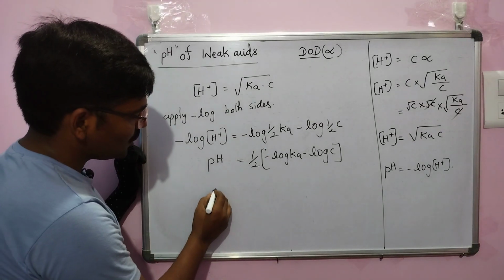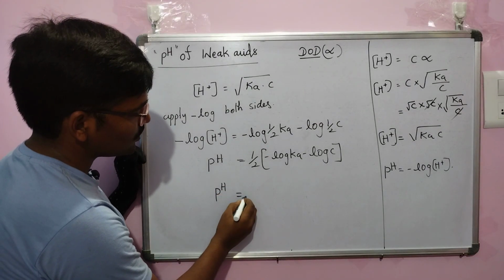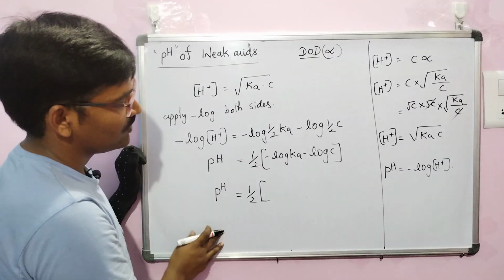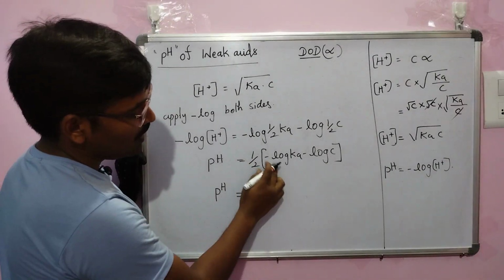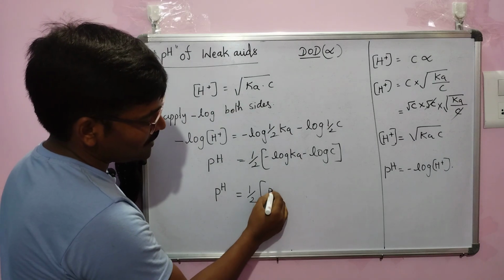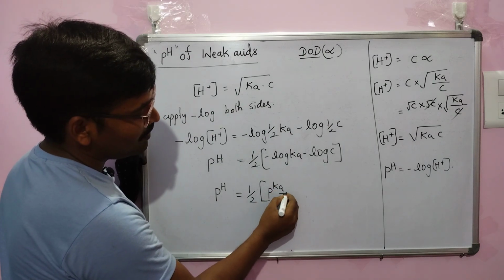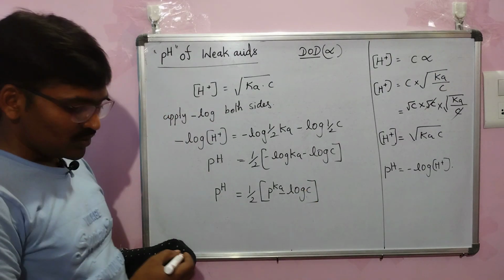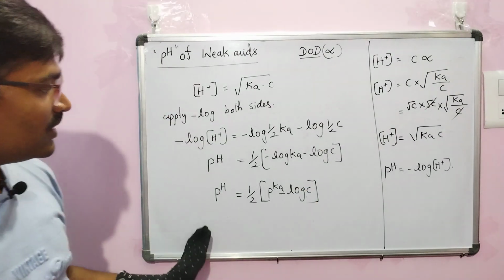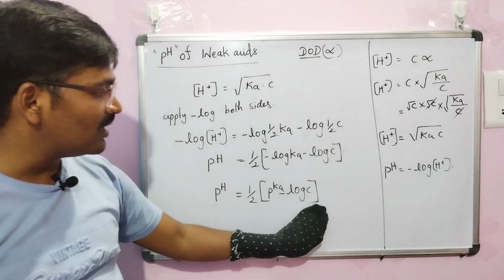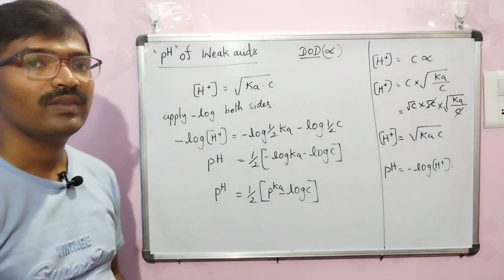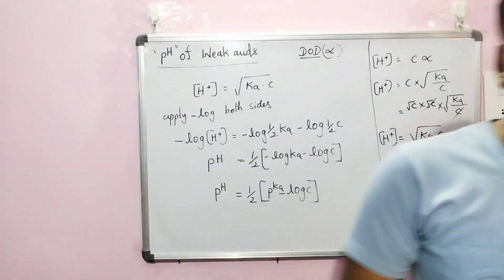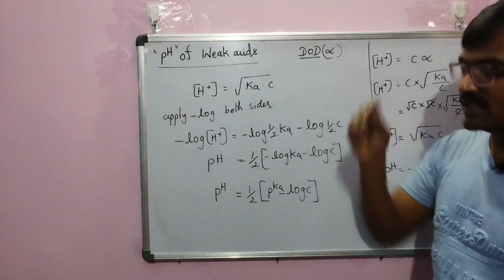So pH equals 1 by 2 into minus log Ka, which we can write as pKa, minus log C, like this. So we can use the formula like this also. Do all of you understand? This is the direct formula for the calculation of pH for a weak acid.